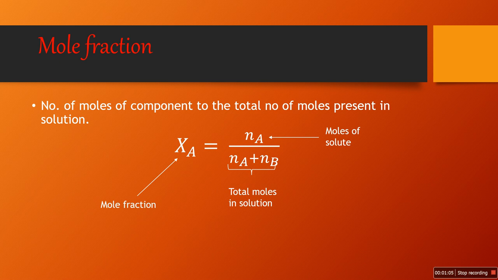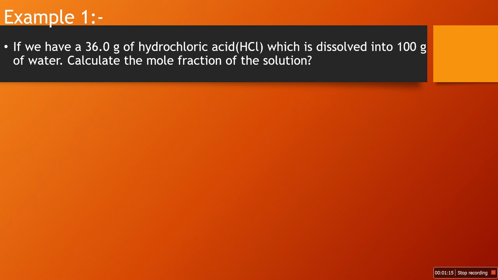Mole fraction can be easily understood by understanding this example. So in this example we have 36 grams of hydrochloric acid which is dissolved in 100 grams of water, and we have to calculate the mole fraction of the solution.